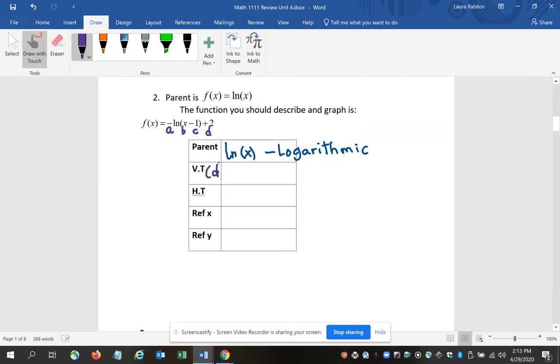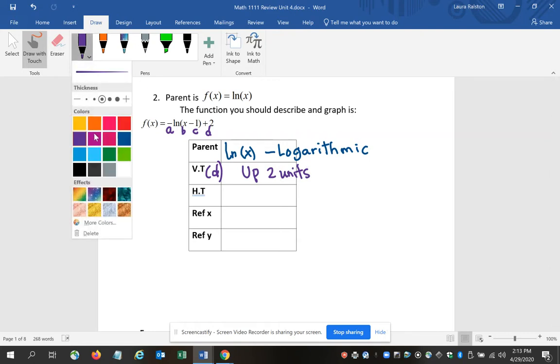Again, our vertical translation is determined by D, which in this problem is positive 2, so we're going to go up 2 units.